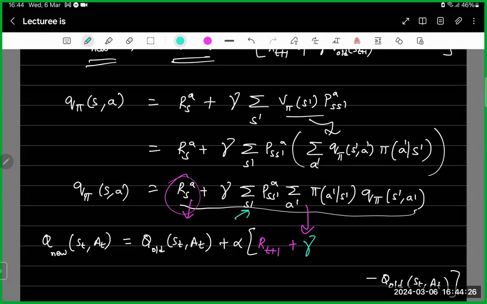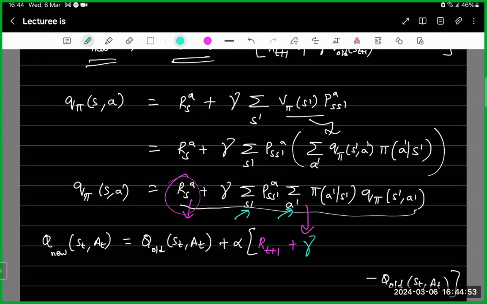This is sum over all possible S dashes, and this is sum over all possible A dashes. There are a lot of S dashes which are possible, but the environment will sample one particular S dash for us, which is S_{t+1}. So the environment will give you S_{t+1}. After that, how will you behave?